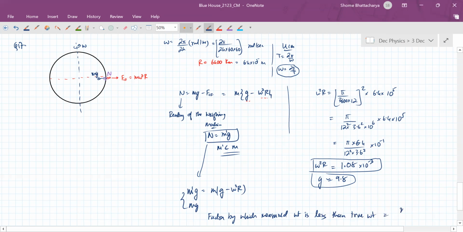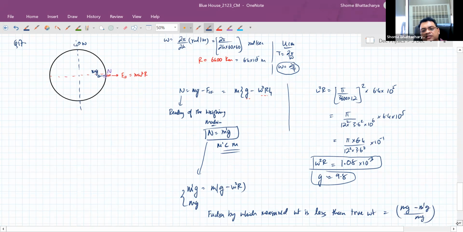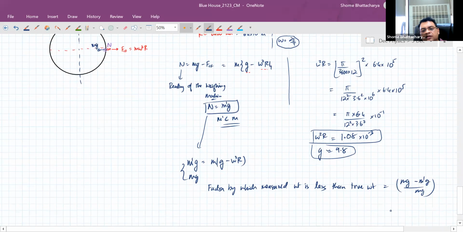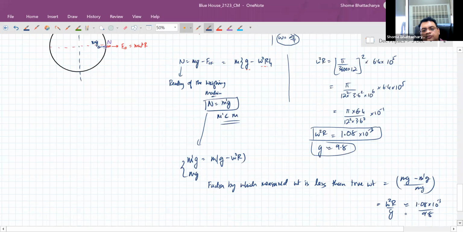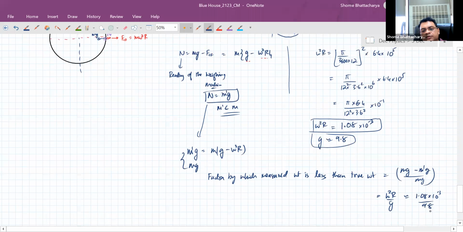That will basically be mg minus m prime g divided by mg. So it's basically g minus g prime by g. So you see it's basically omega square r by g. So that is a factor like this. So it's almost a factor of about 1 into 10 raised power minus 4.